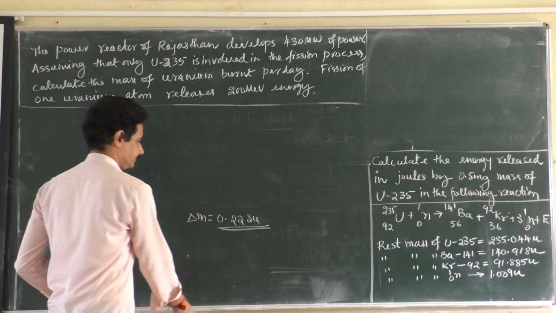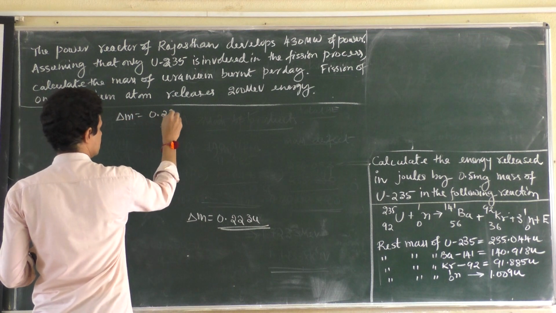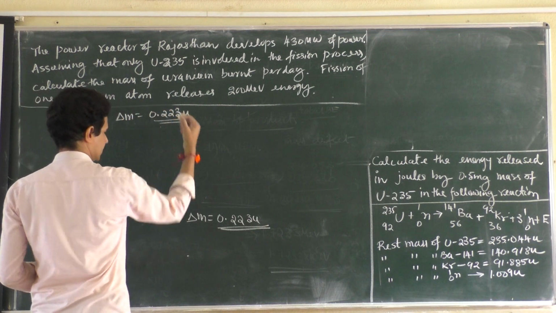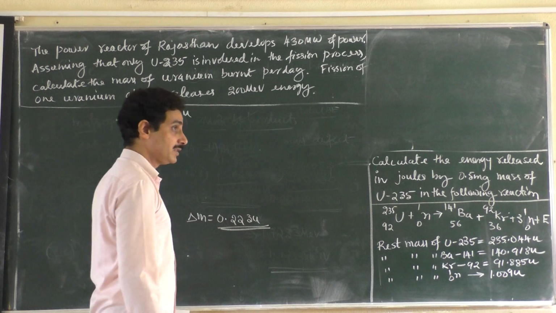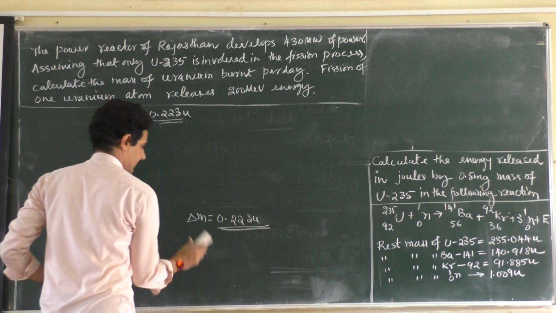Yes. Now, mass defect is 0.223 atomic mass unit, right? And how much will the energy be now? Here we will calculate the energy itself.